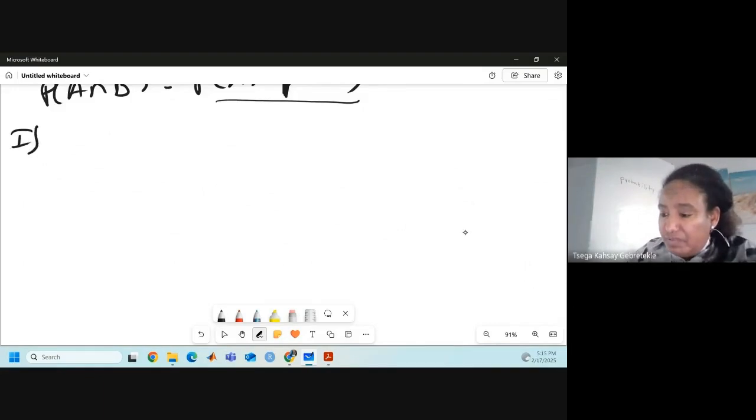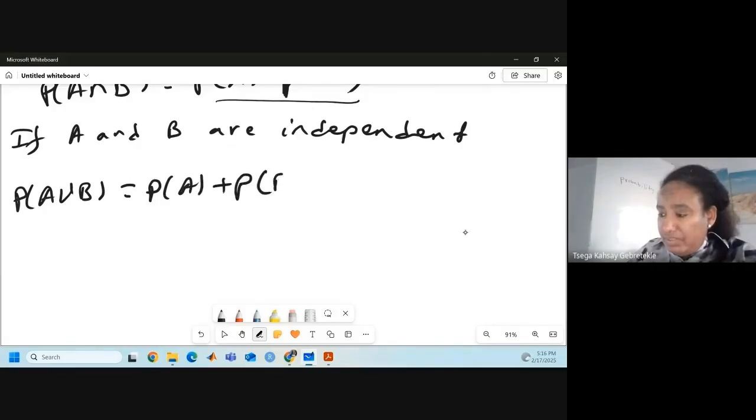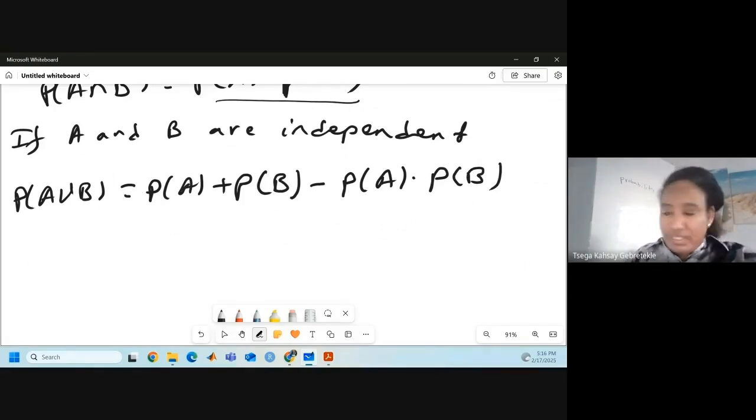If A and B are independent, then probability of A union B will be probability of A plus probability of B minus probability of A times probability of B, because probability of A intersection B is the same as probability of A times probability of B.